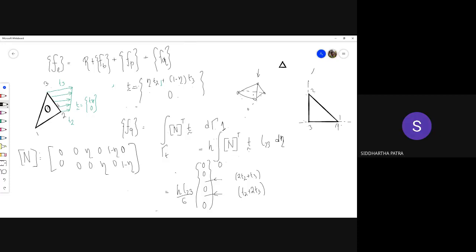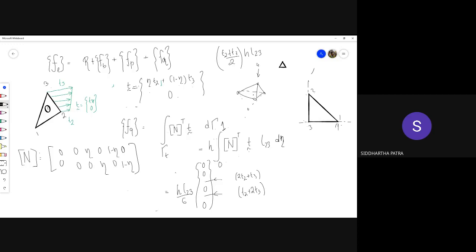Now it's a trapezoidal sort of a loading, right? So how much is the net force coming out of this sort of a loading? Is it not (T2 plus T3) by 2 times h times L23? Is it not going to be the total force coming out of this traction? It's a trapezoidal loading on the surface, right?